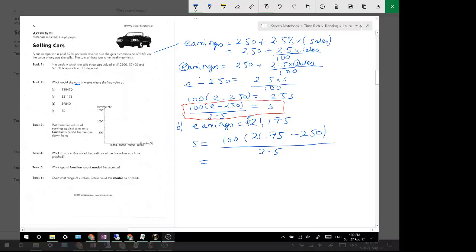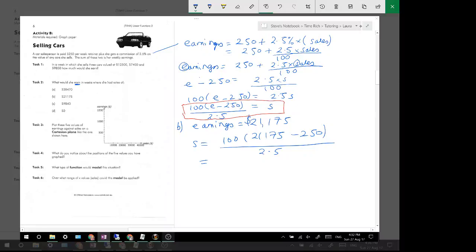Let's see. Number mode, please, calculator. 21175. What am I doing? That's not even calculator. Sorry.